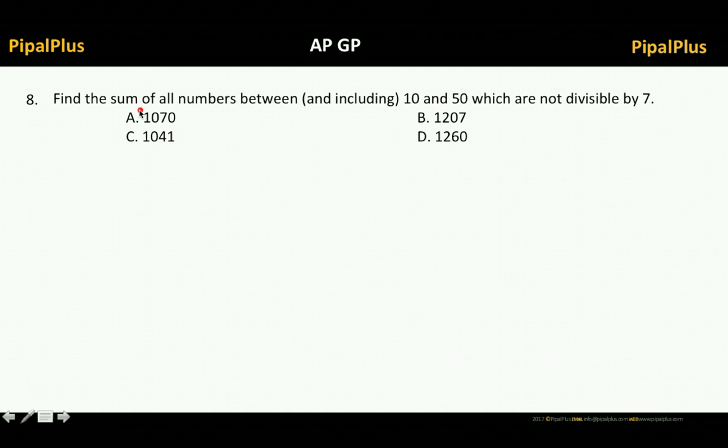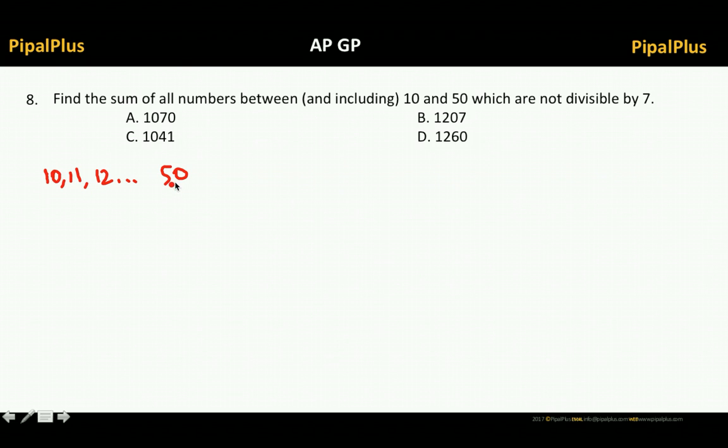Now in this question, let's find the sum of all numbers between 10 and 50 which are not divisible by 7. In computing this, what is going to be simpler for us is to subtract the sums of two arithmetic progressions as follows. The first AP is 10, 11, 12, and so on up to 50, right?